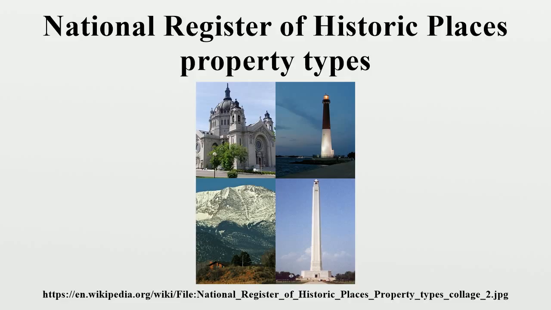A contributing property is any building, structure, object or site within the boundaries of the district which reflects the significance of the district as a whole, either because of historic associations, historic architectural qualities or archaeological features. Another key aspect of the contributing property is historic integrity. Significant alterations to a property can damage its physical connections with the past, lowering its historic integrity.